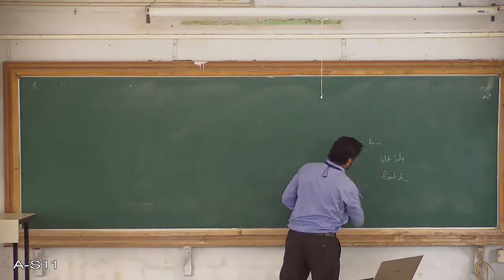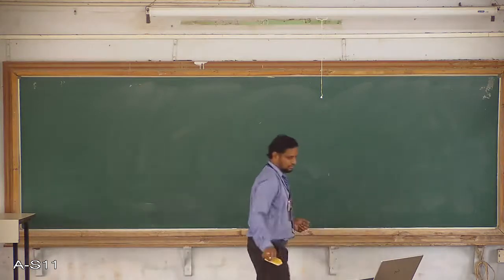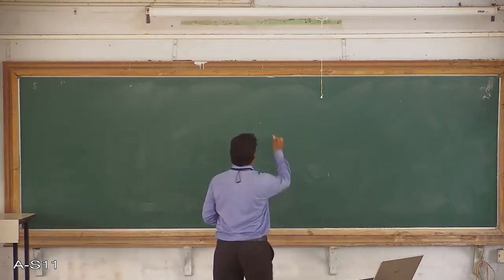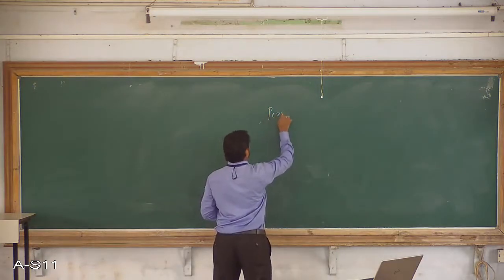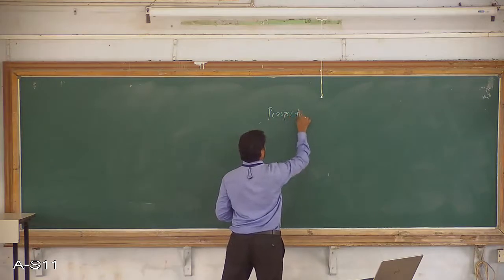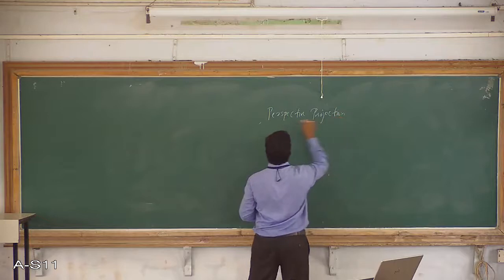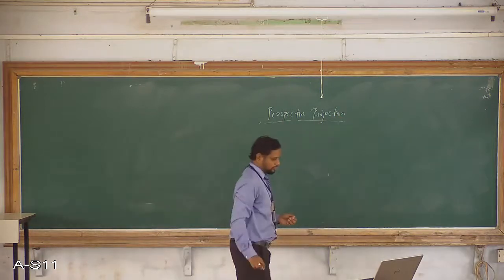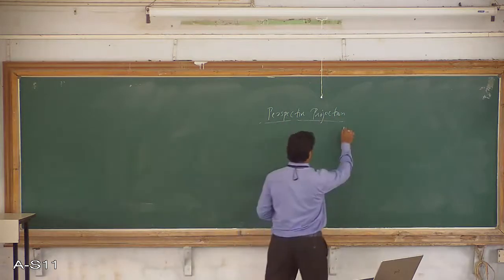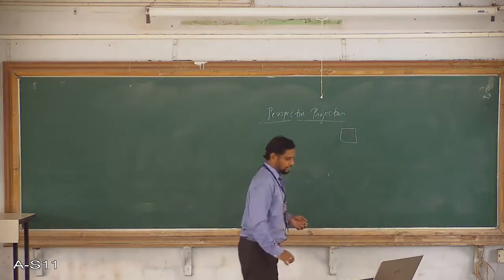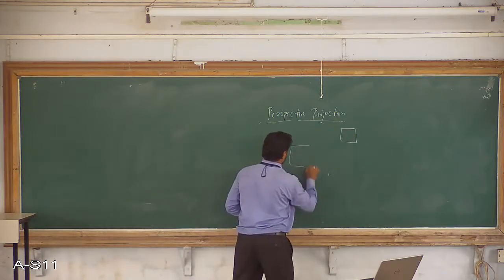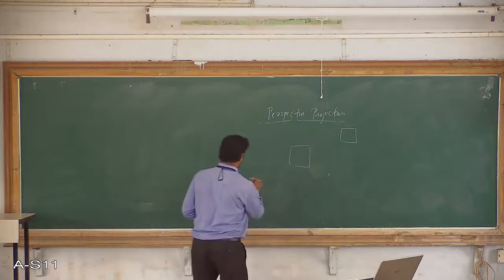Next is perspective projection. When I say perspective projection, as I just taught you, when there is an object, and there is a projection plane, and here it is the COP.